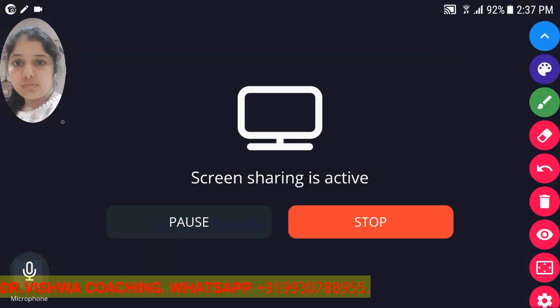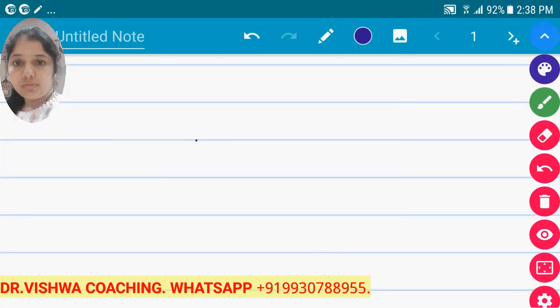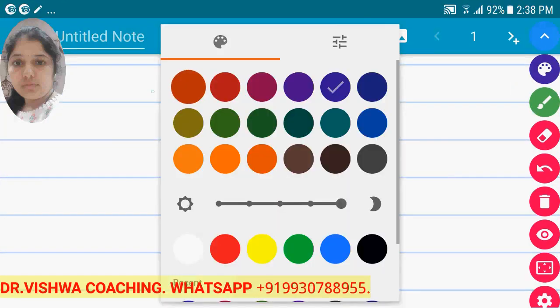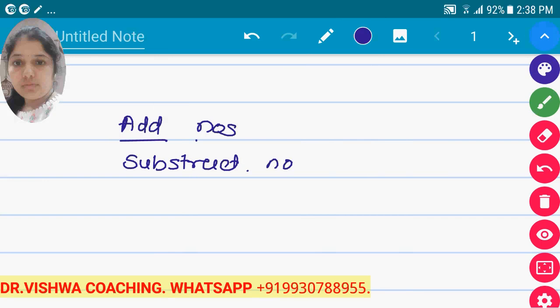Now our today's topic is operation on the numbers. We had learned so many operations on numbers since your first, second standard. We add numbers, we subtract them, we multiply and we divide.